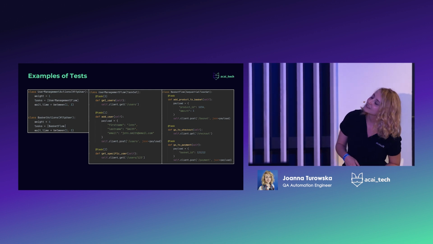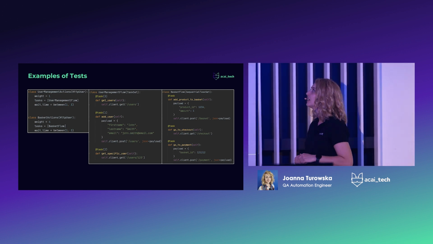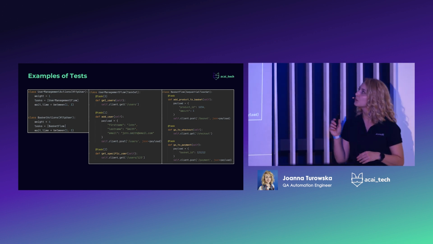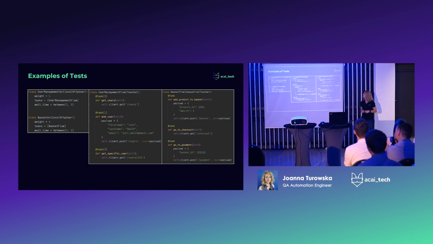The next task set is called sequential task set. As the name indicates, it means that the actions are done in order, sequentially. So in the case of this class, basket flow, we will first add a product to the basket, then go to the checkout, and then go to payment.